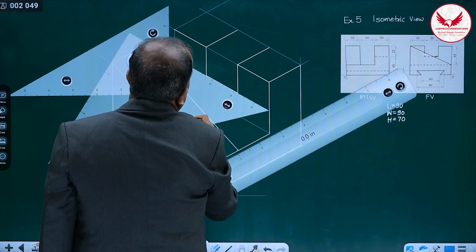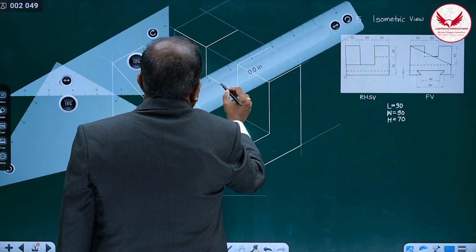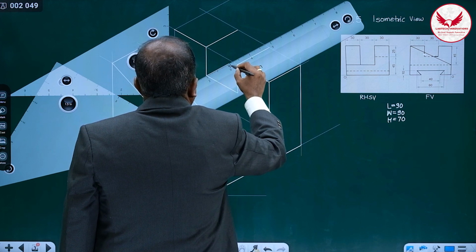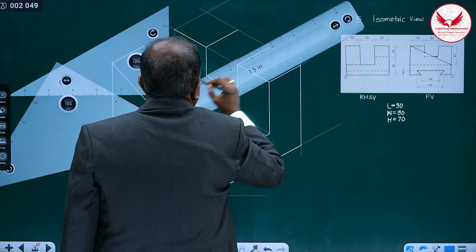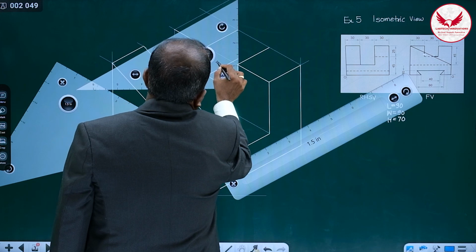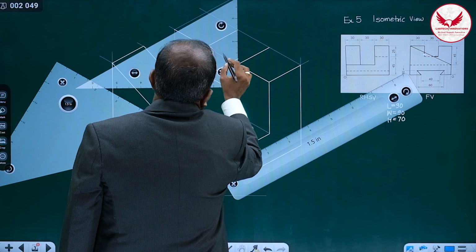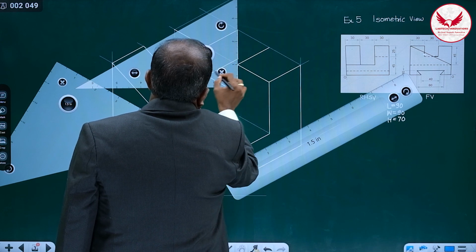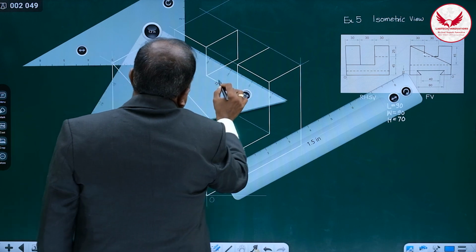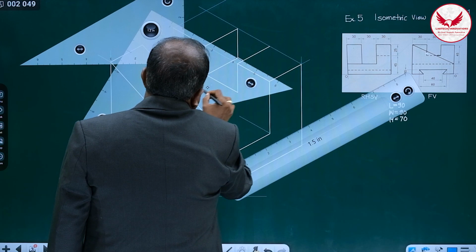It is 30, and it is 30, 10, 20, 30. It is 30. And its depth is 25 only. If you mark 25, definitely it will match with this. 25. And the third edge of this will only be visible up to this.